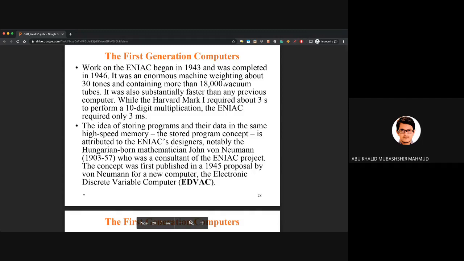Now then, the idea of storing programs and their data in the same high-speed memory, the stored program concept, is attributed to the ENIAC's designers, notably the Hungarian-born mathematician John von Neumann, who was a consultant on the ENIAC project. The concept was first published in a 1945 proposal by von Neumann for a new computer, the Electronic Discrete Variable Computer, in other words, EDVAC.